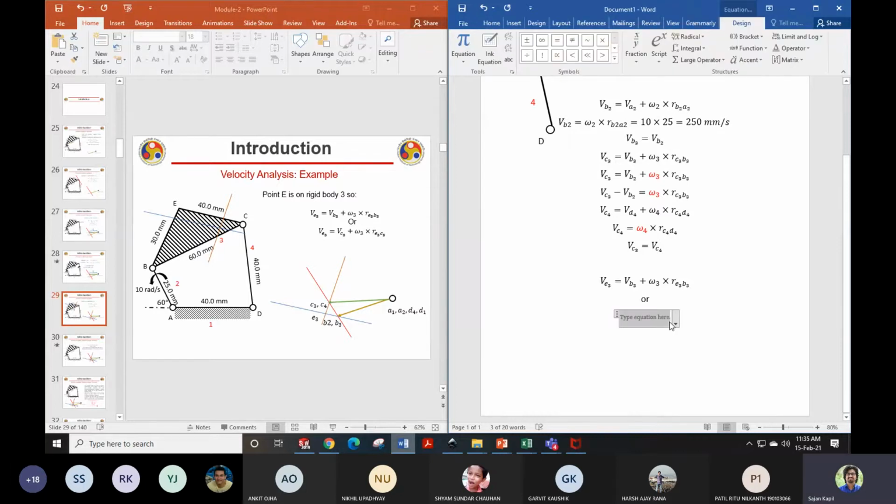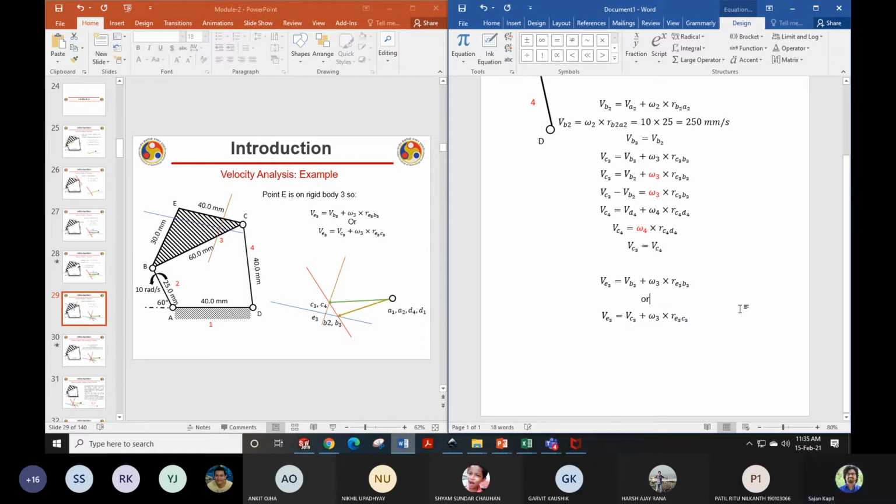Can I say that velocity of E when it is on 3 is also equal to velocity of C when it is on 3 plus omega 3 cross position of E3 with respect to C3?